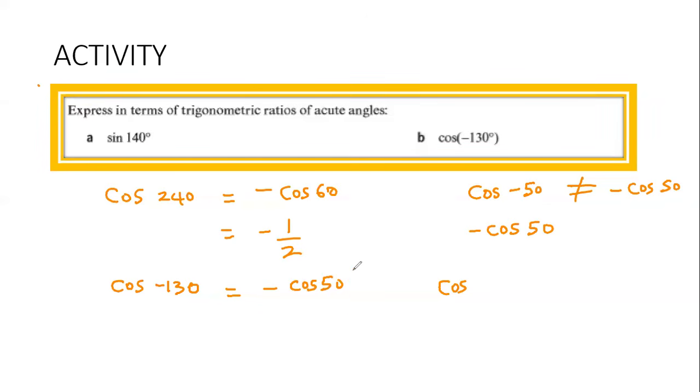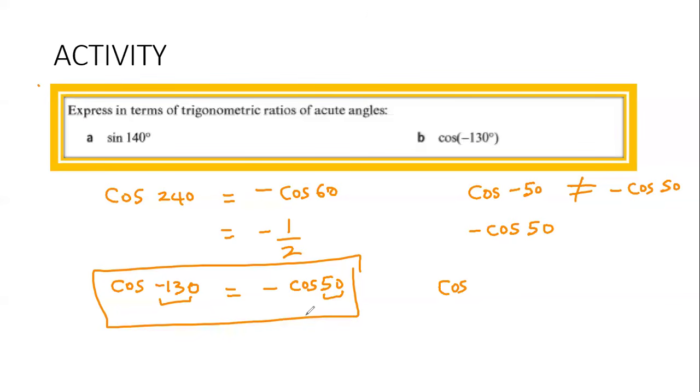Yes, those two things are equal. The angles here are different. Okay, teacher, why is cos of negative 50 not equal to negative cos of 50? Now, those two things mean different.